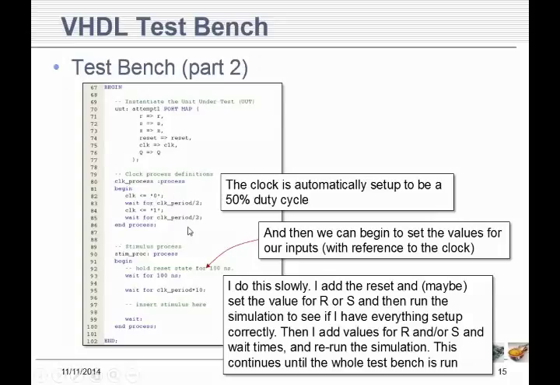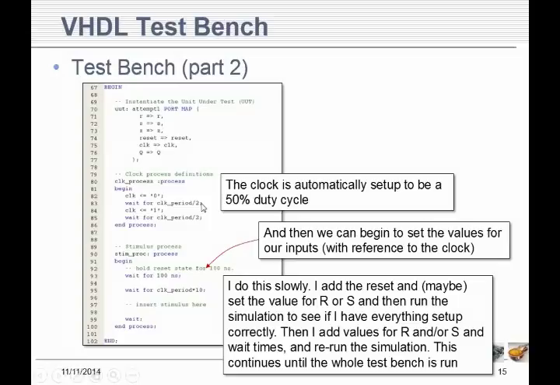The other thing I want to say about this clock process, it automatically sets it up to be a 50% duty cycle. The clock period said it was 10 nanoseconds. Then here it says clock is assigned 0, and then wait for that period divided by 2.